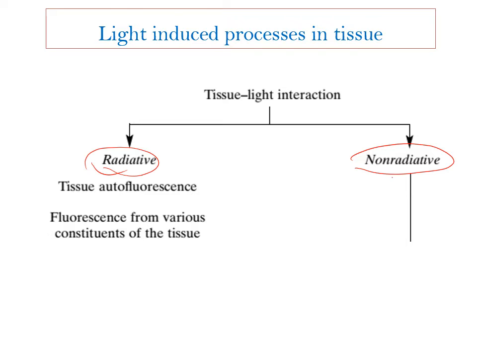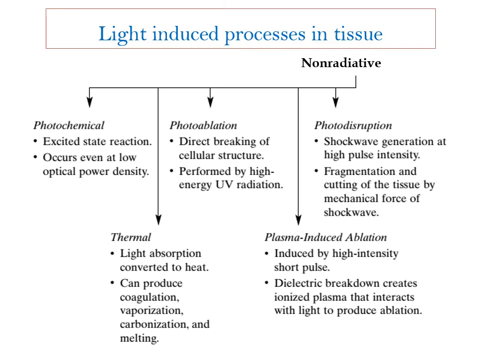The other is non-radiative. The non-radiative light tissue interactions include the photochemical interaction, which occurs at low optical density and longer interaction time. The other is the thermal effects. Light absorption will be converted to heat, and they can produce different effects depending on the temperature, including coagulation, vaporization, carbonization, and melting.